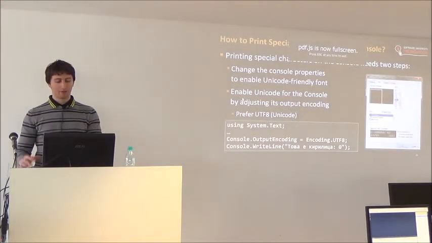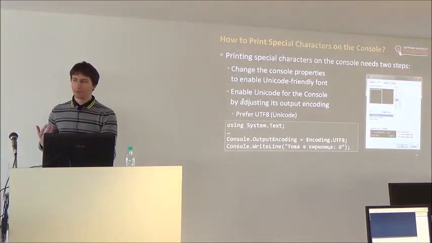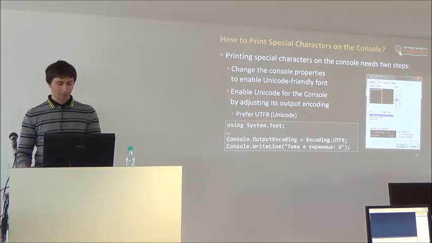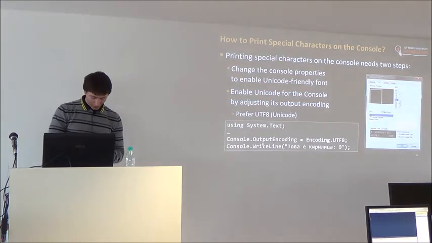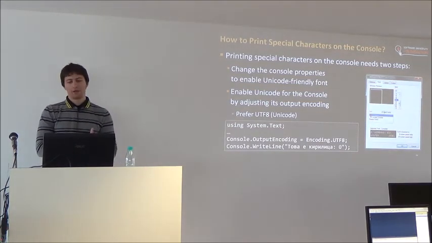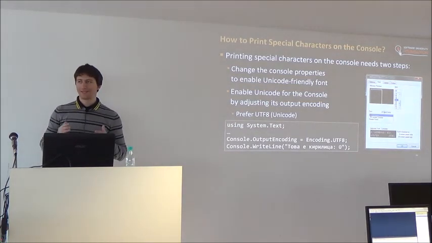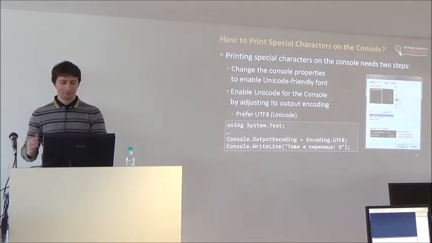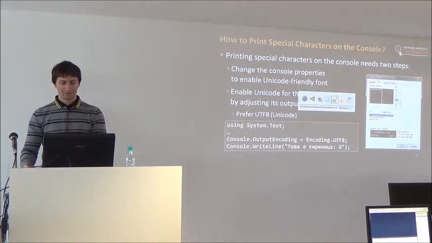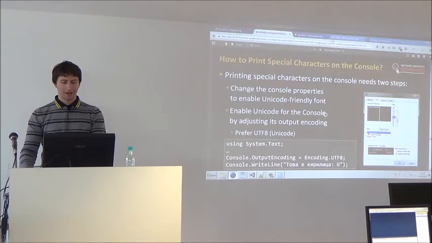It does not understand Cyrillic. So in order to make it understand Cyrillic, we need to change the encoding. How would you understand encoding better? Encoding is a set of rules how to map integers to characters. So we have the ASCII table.